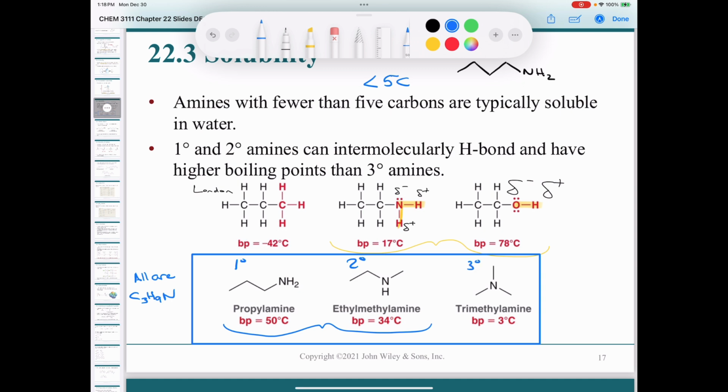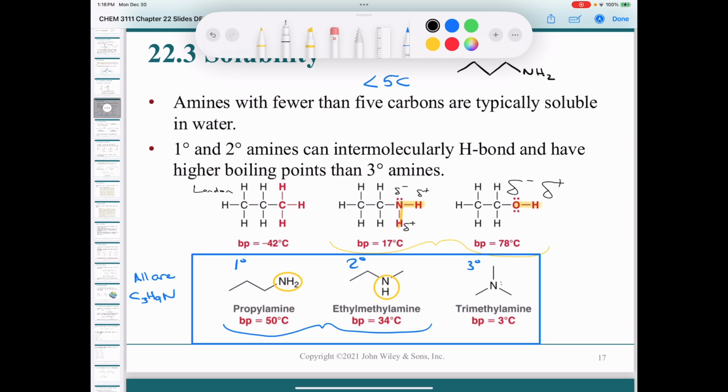And you probably noticed the difference right away is that for the primary and secondary amines, we have nitrogen-hydrogen bonds, and so they can hydrogen bond amongst themselves, whereas in trimethylamine, there is no nitrogen-hydrogen bond. There's a nitrogen, it's got a lone pair, but there's no hydrogen attached to the nitrogen in a tertiary amine, and so it cannot hydrogen bond.